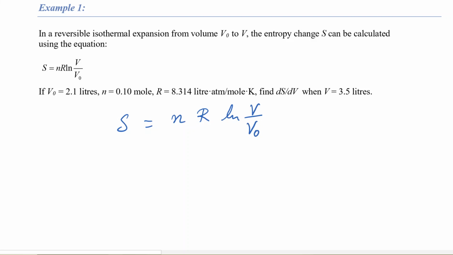So we are given the value of V0, value of N, value of R, and we need to find dS over dV.